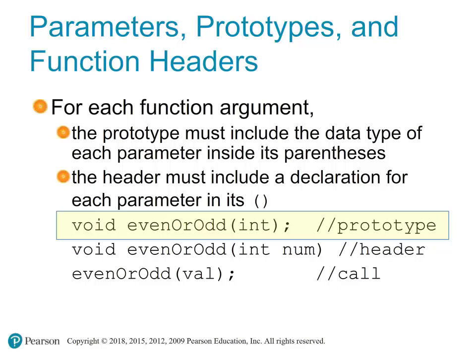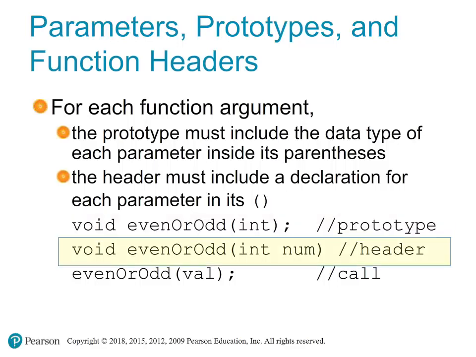The function prototype must end with a semicolon. The header, the part of the function definition, must also include a declaration for each parameter specifying its data type. So in this header, int num declares an integer parameter named num. The header doesn't have a semicolon because it's not stopping there. It will continue to the curly braces, the body of the function.